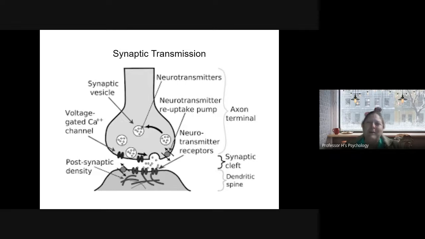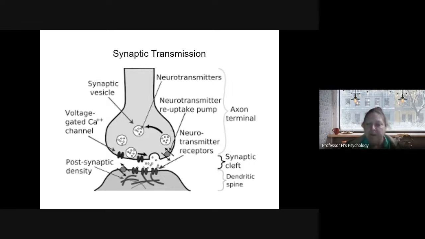I'm just calling them dopamine cells to keep it simple. If this was serotonin, it would have to be picked up by receptors on a serotonergic cell. If it was glutamate, it would have to be picked up by a glutamate cell. So in other words, the neuron releasing the neurotransmitter has to match the one picking it up, if that makes any sense. I hope it does.